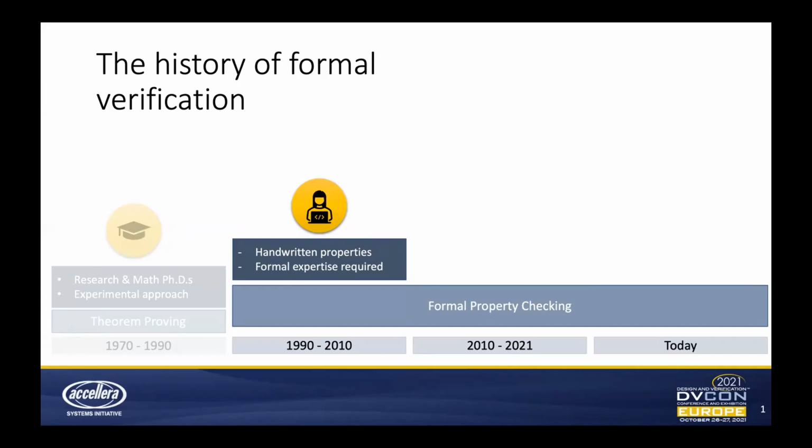Until about 10 years ago, formal property checking was mostly used by experts. You had to have a good knowledge of how the models in the background work. You had to write the properties by hand. And I think most people that work in this field have some kind of PhD in the area.